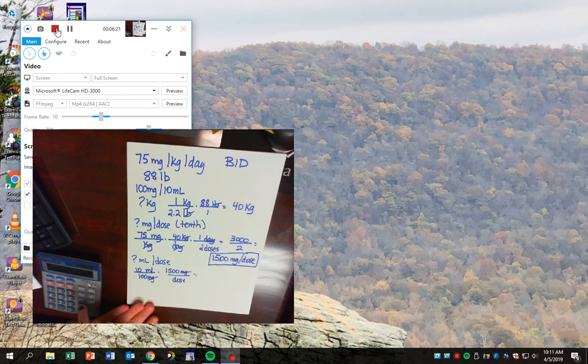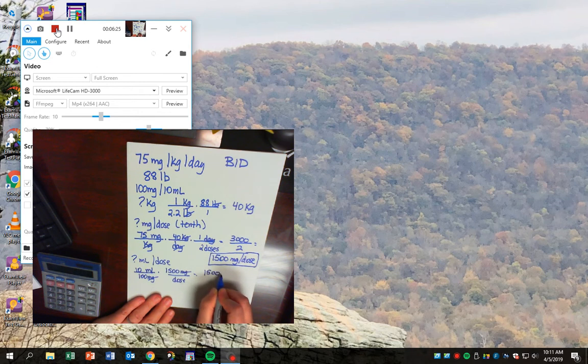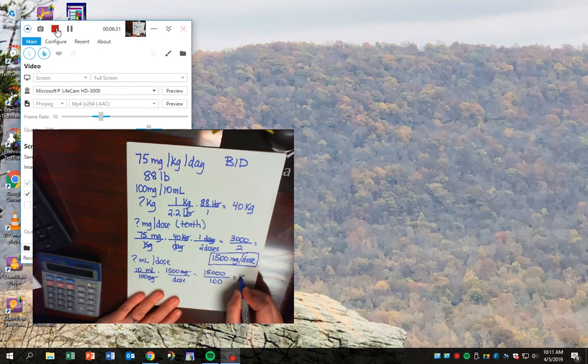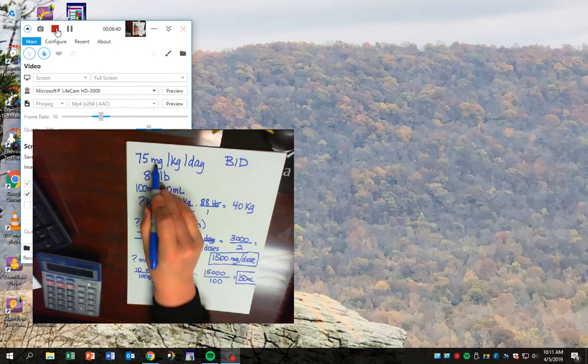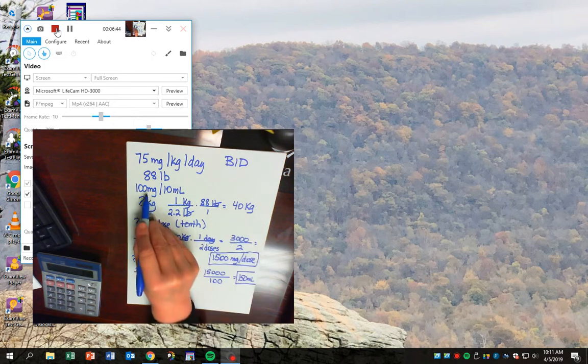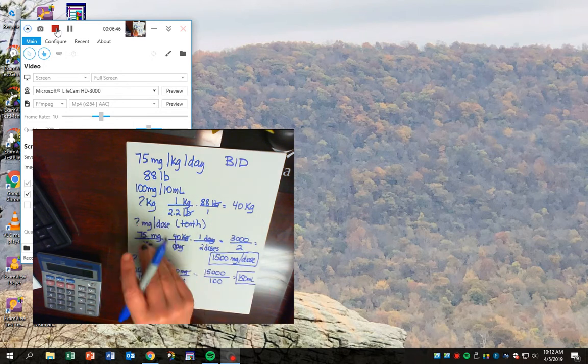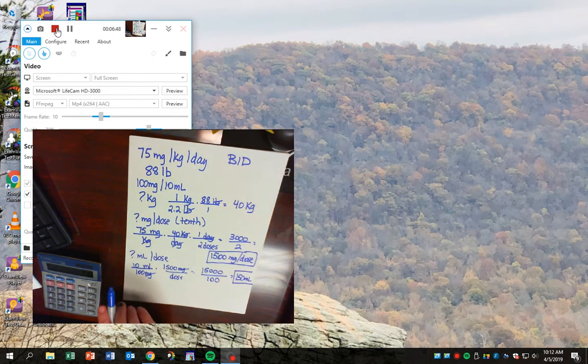So I've got 10 times 1,500, which gives me 15,000 divided by 100, which gives us 150 milliliters is what I would administer for this child. This is for 75 milligrams per kilogram per day for 88 pounds, which is 40 kilograms, and the pharmacy has supplied 100 milligrams per 10 milliliters.